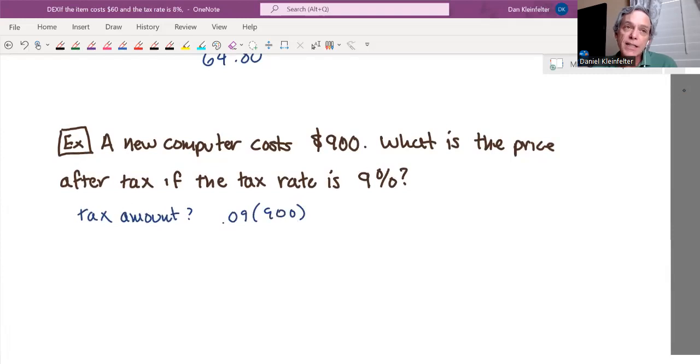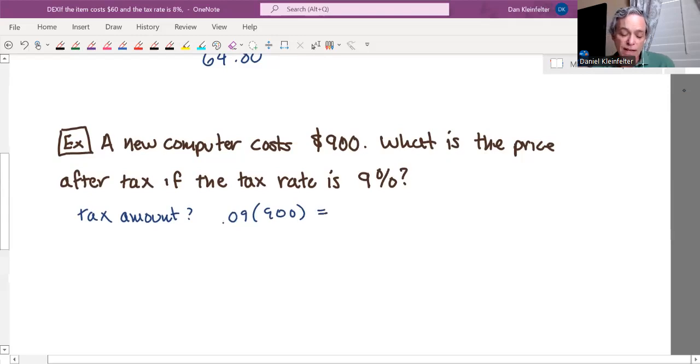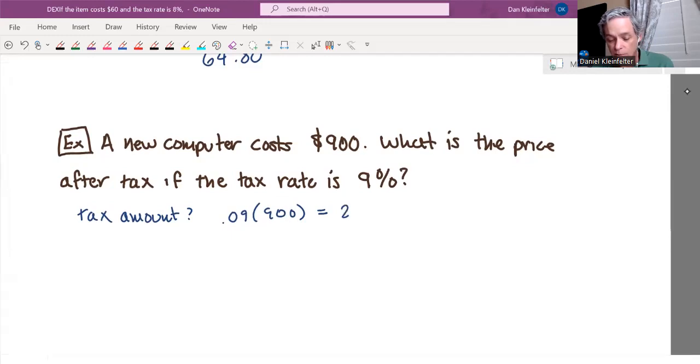You'll notice that this is kind of a question like, what is 9% of 900, even though it's not said that way? So we're finding 9% of 900, and so that's going to be $81. And then adding that, price after tax. So that's going to be the 900 for the computer plus the $81 in tax, $981 total.